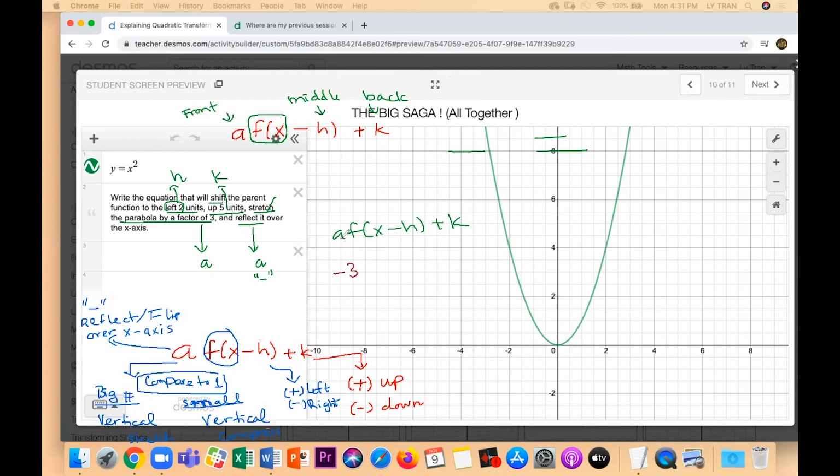This is a, so I put it in the front. And then I have go left 2 units. So I'm going to have x. When you go to the left, you actually plus. So I'm going to put plus 2. And then I go up 5 units, so I'm going to put plus k, but in this case, it's 5.